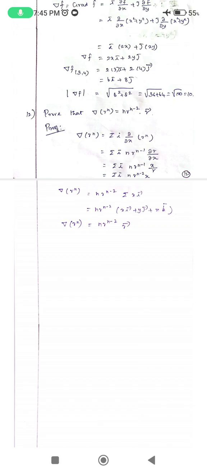So summation i vector into n into r power n minus 1. ∂r/∂x value is x by r. So summation i vector n into r power n minus 2 into x. So n into r power n minus 2 into summation xi. Summation xi means xi vector plus yj vector plus zk vector. So n into r power n minus 2, with xi plus yj plus zk written as r vector. So del of r power n is equal to n into r power n minus 2 into r vector.